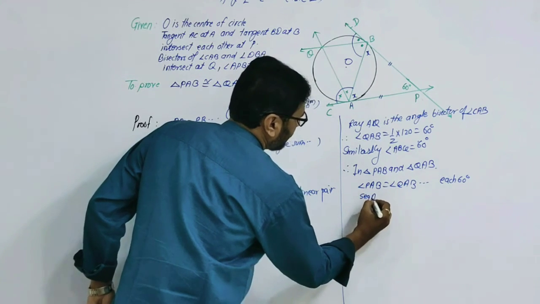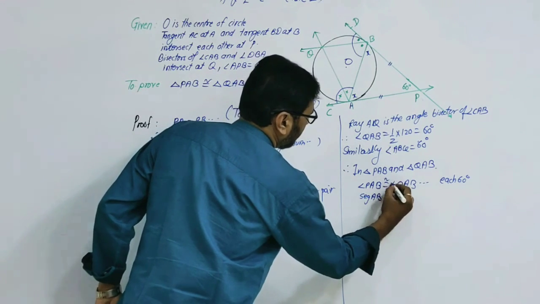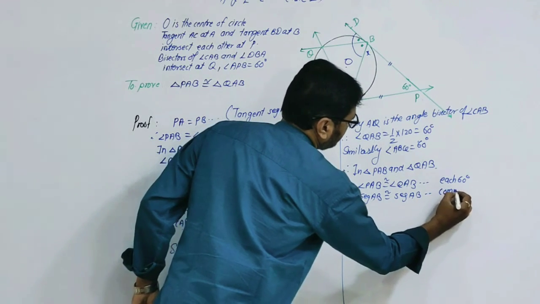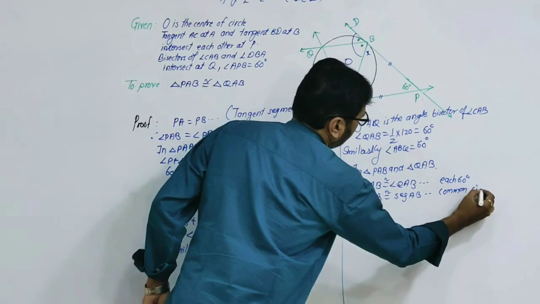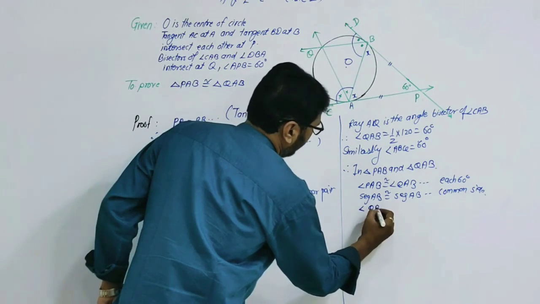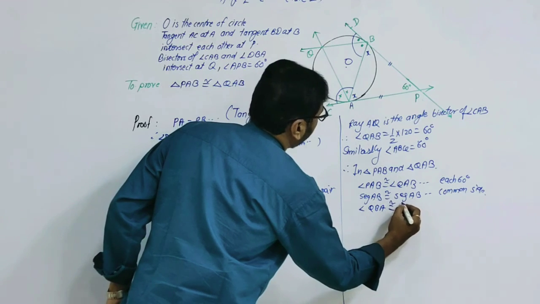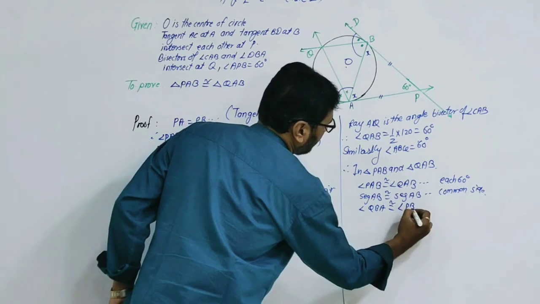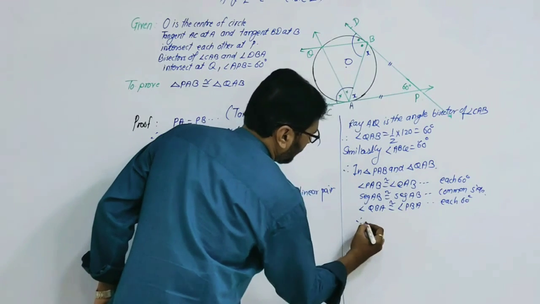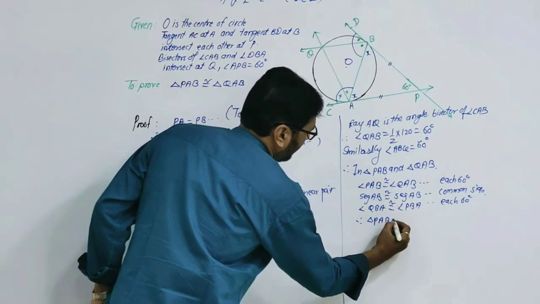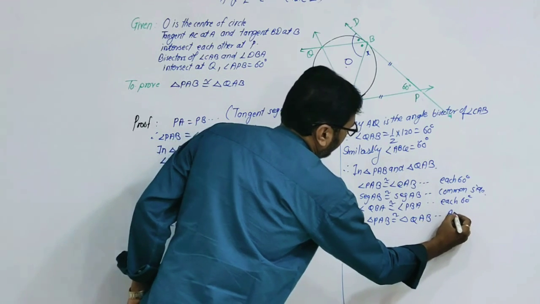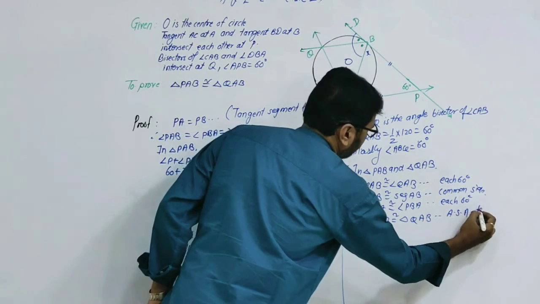Segment AB is congruent to segment AB, common side. Angle QBA is congruent to angle PBA, again each 60 degree. Therefore, triangle PAB is congruent to triangle QAB by ASA test.